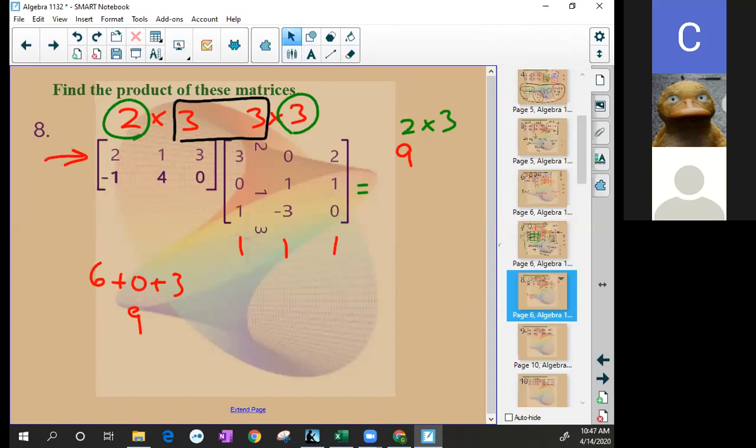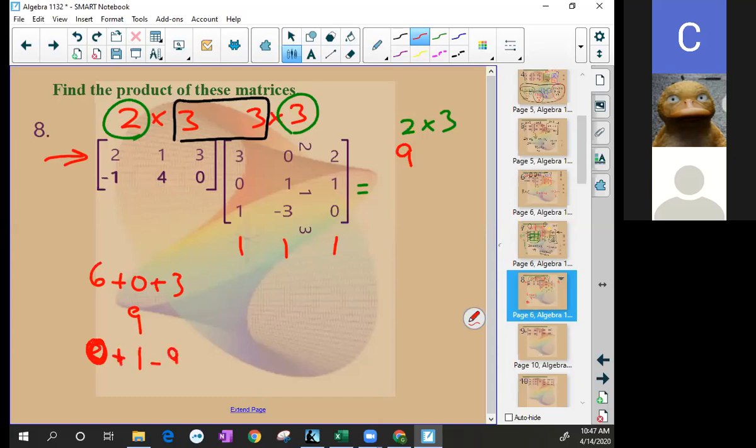Now I'm going to slide over to the second column. That's going to give me a 0 plus 1 minus 9 makes -8. It's still in the first row, since I'm multiplying by the first row, all the answers I write go in the first row.